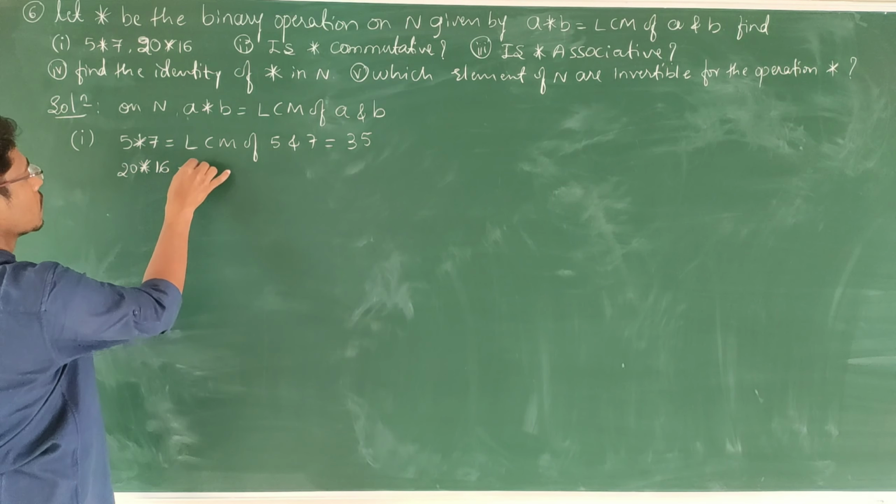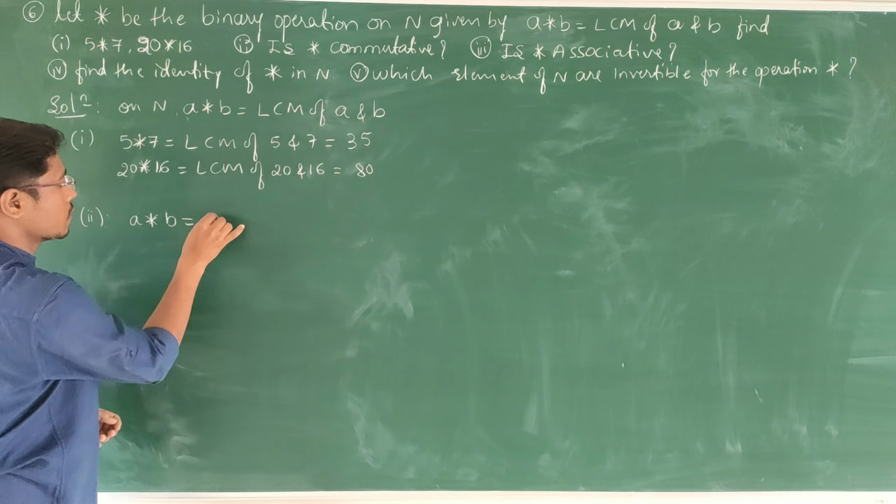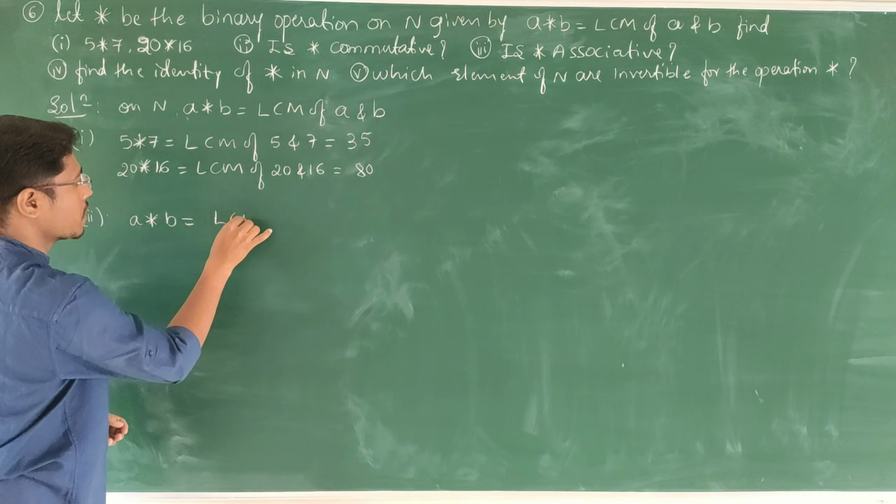Next, is star commutative? Let us check that. a star b is the LCM of a and b.